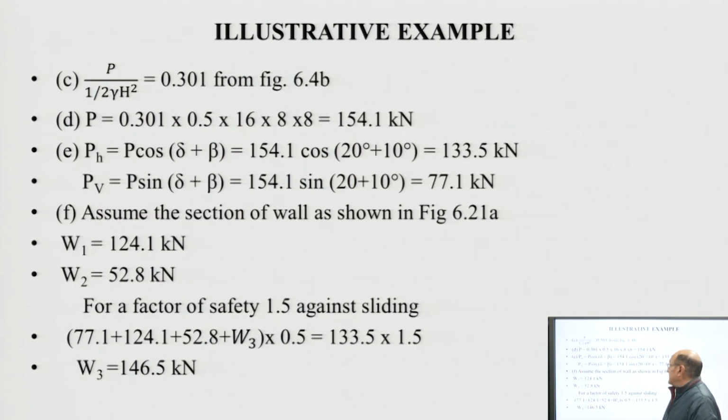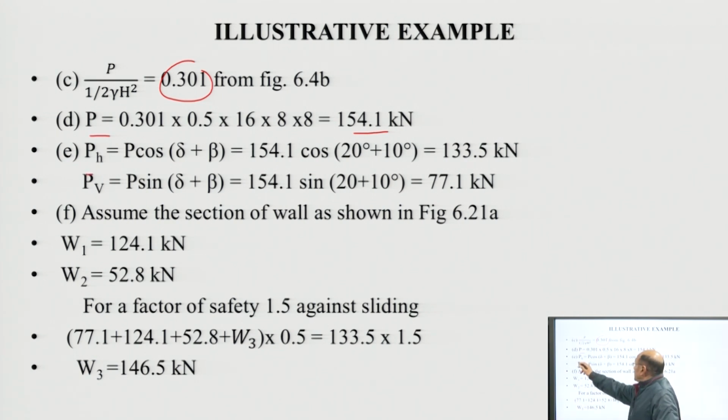Now, P by half gamma H square, that will come 0.301 from the figure 6.4b. P will be equal to 0.301 into 0.5 into 16 into 8 into 8, that will come 154.1 kilonewton.